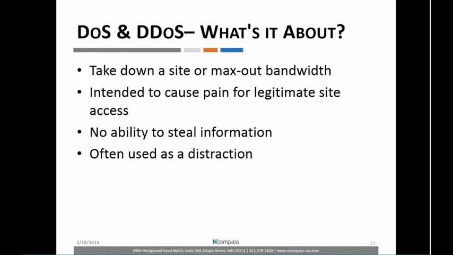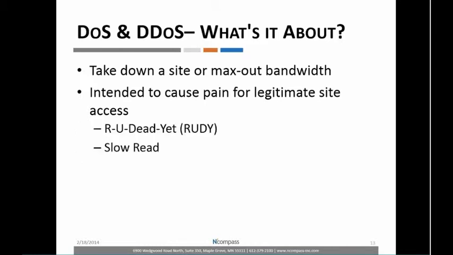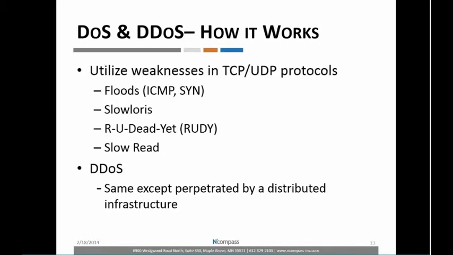So like I said, there's no inherent ability to steal information with a denial of service attack, but it's used in conjunction with them oftentimes to steal information while using a different attack type as well. So the idea is that most of the time they utilize weaknesses in TCP or UDP protocols.